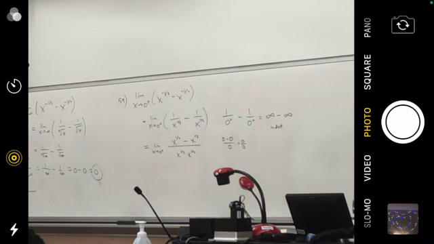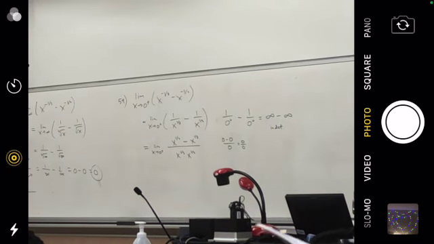This is probably the hardest homework problem that we have. Still the question of which one's bigger, right?